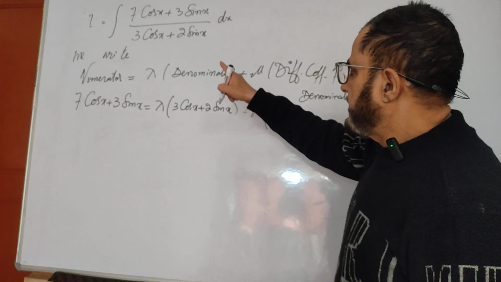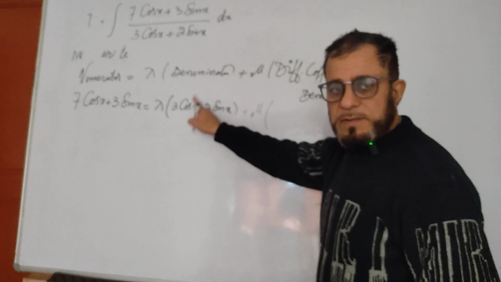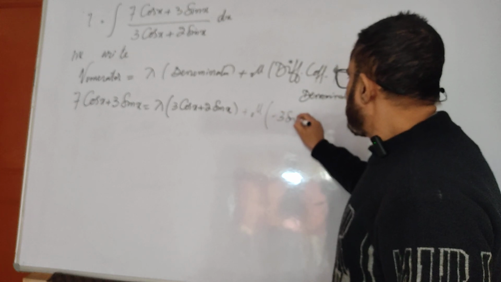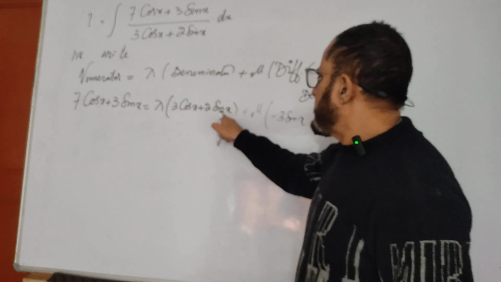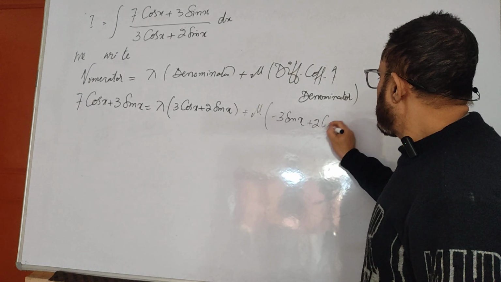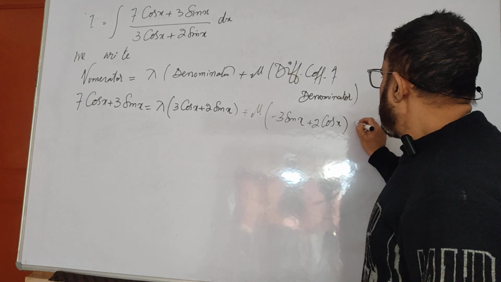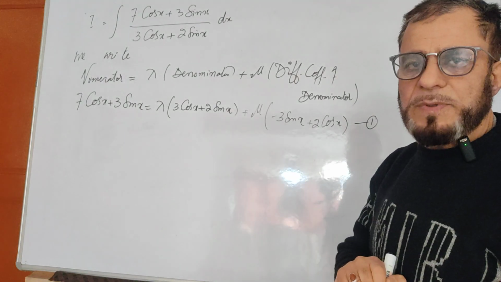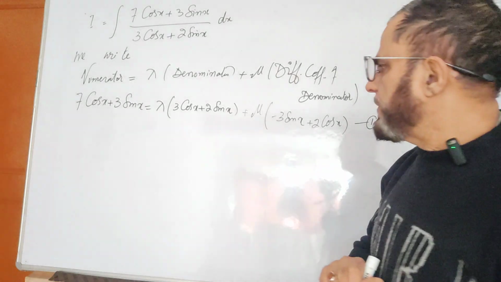Differentiate that. The derivative of cos is minus sin, so it is minus 3 sin x. The derivative of sin is cos, so plus 2 cos x. Let us name this first. Now we have to find lambda and mu. How do we proceed to find lambda and mu?